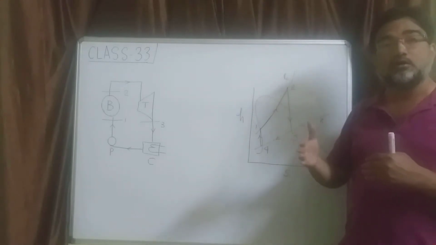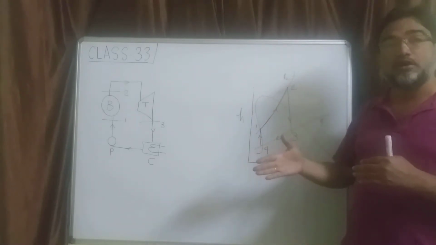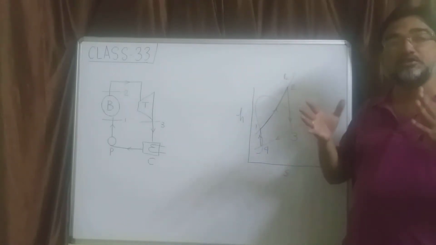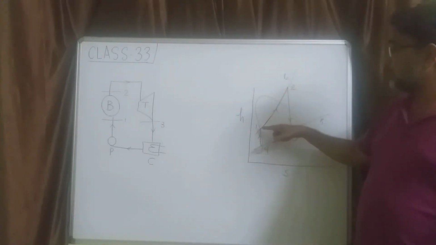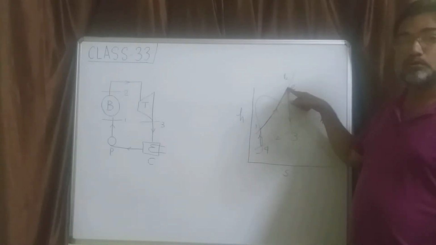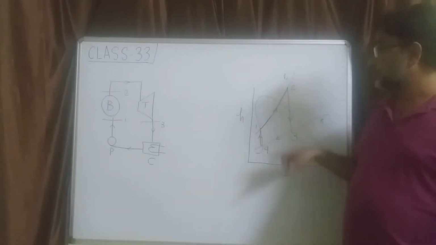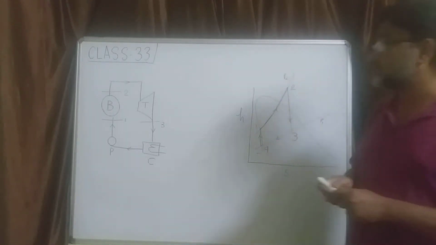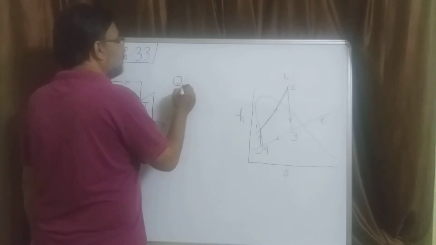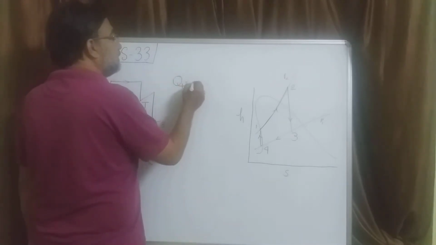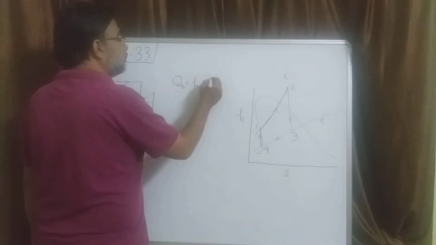That heat is thermal energy, it has gone into the system, and it has been stored in the system in the form of enthalpy. So enthalpy has been raised from H1 to H2 in the boiler. So if I ask you what is the amount of heat supplied to water in the boiler, QB, that is equal to H2 minus H1.